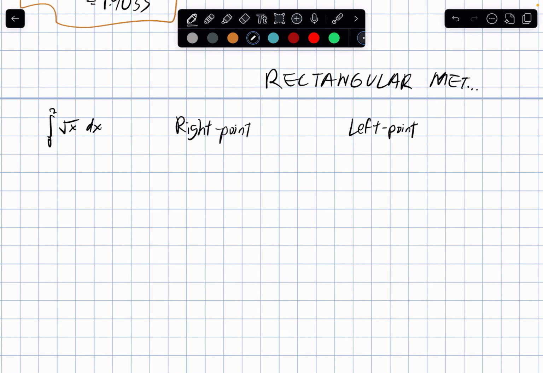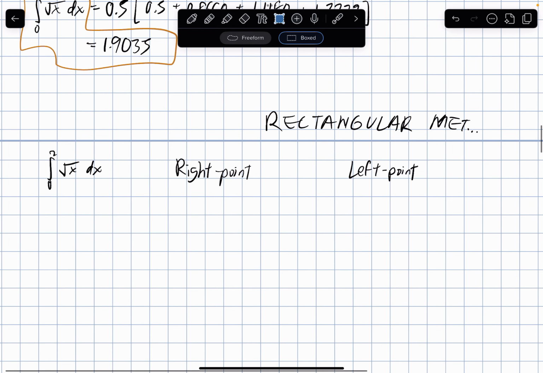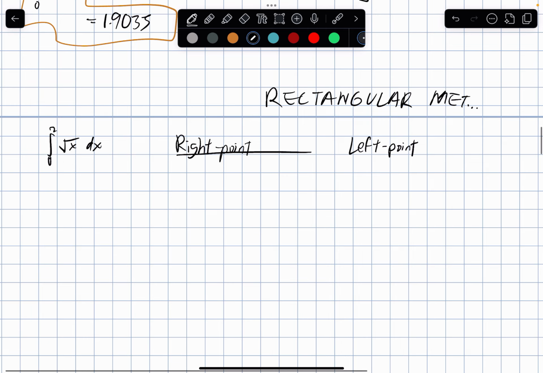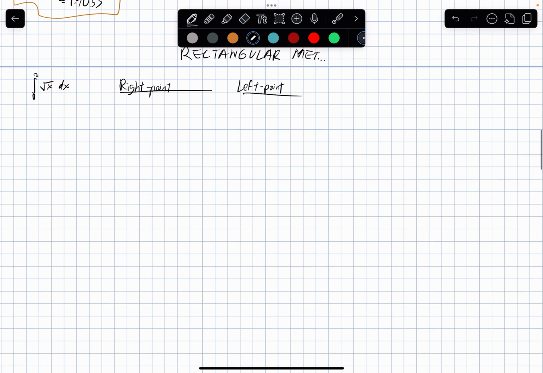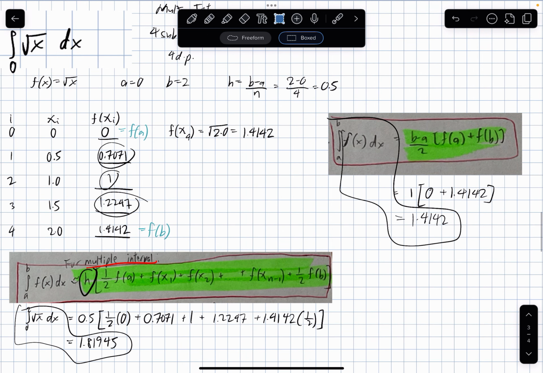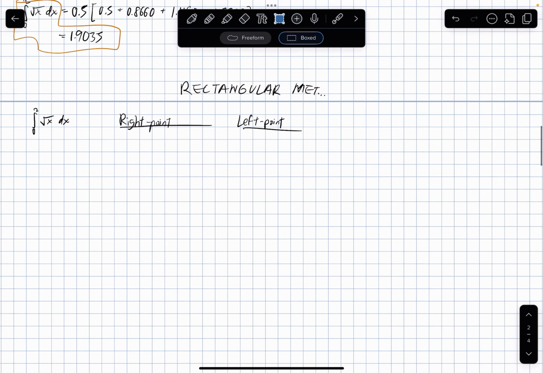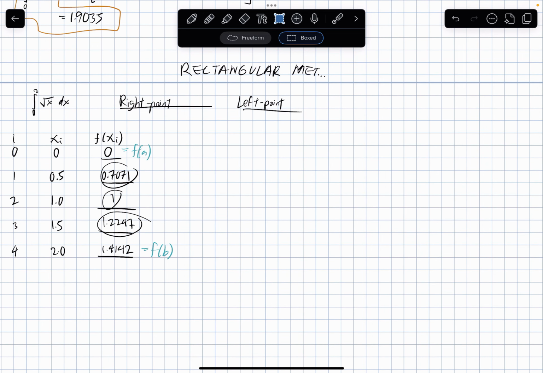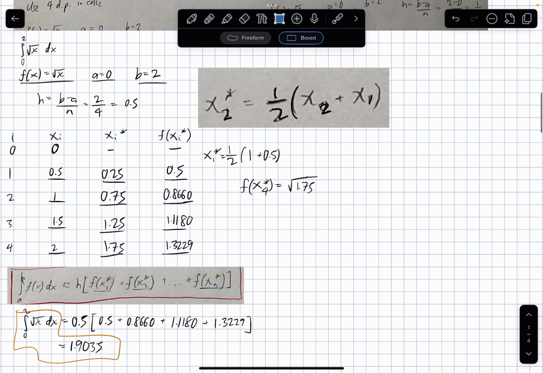So actually, our solution, if we don't use the midpoint rule, we use these two instead, either of those two, you actually need the iterations from the trapezoidal rule. Because again, we no longer need our intervals, our midpoint values.